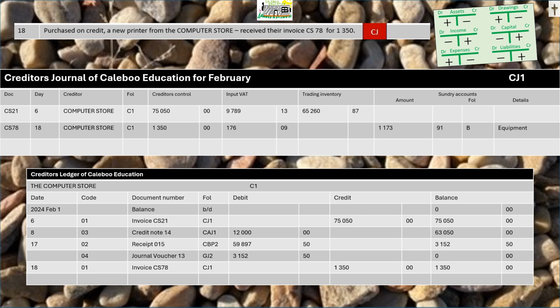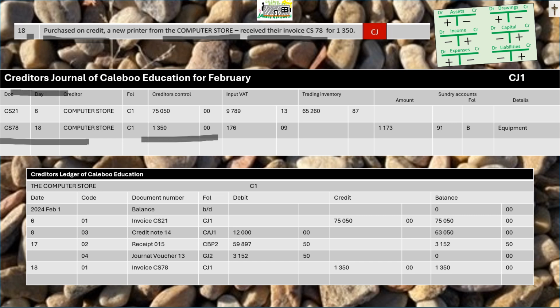But we carry on transacting with the computer store, and once again on the 18th we use that credit facility, and a new printer was purchased from the computer store. Received their invoice CS78 for 1350. Now when we make a purchase, this here is on the 18th, it gets recorded in the creditors journal.